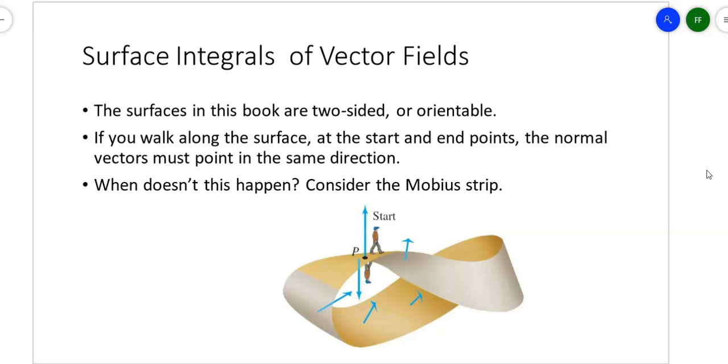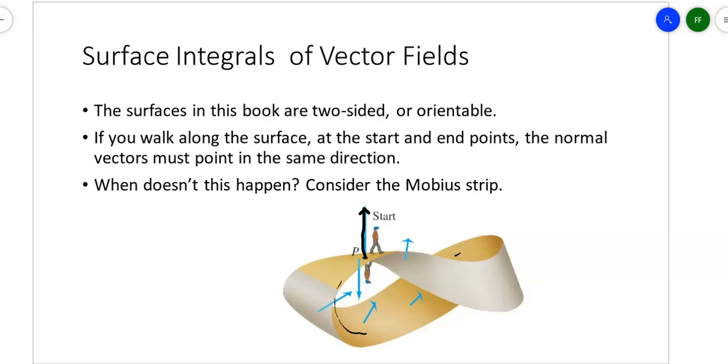You know what a Mobius strip is? You take one piece of paper, you fold it so the top of one becomes the bottom of the other. If you try walking along the Mobius strip, at this point here, the normal vectors are pointing upward. As you walk along that dark gold part of the strip, you're walking down this way, down. By the time you get back up here, now you're walking upside down.